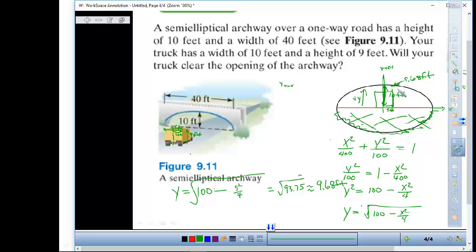So it's going to have about 8 inches of clearance, and that's if you drive exactly straight down the center of this ellipse. If you go too far to one side or the other, the top of the truck's going to scrape, and it's going to be messy and nasty, and you're going to get stuck in the opening. So that's how you go about it.